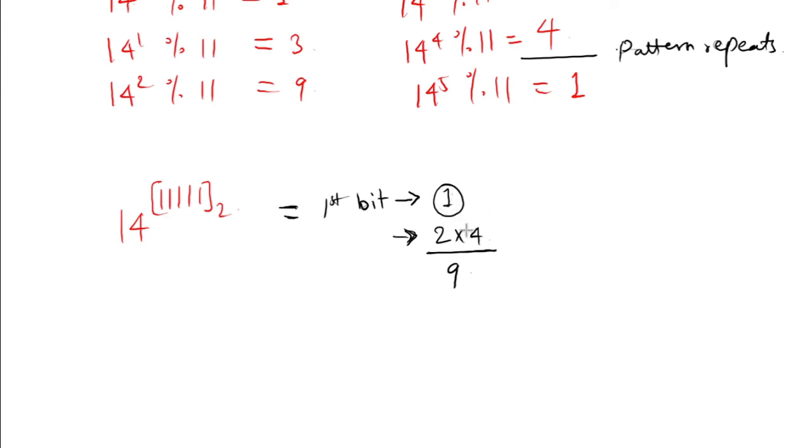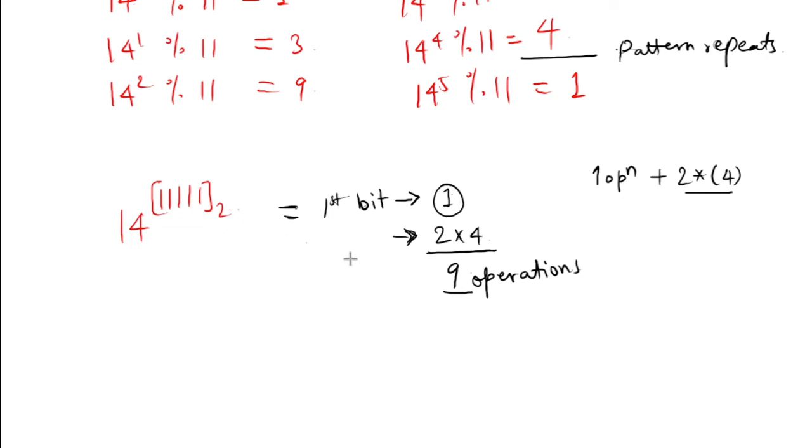Here 1 time for the first bit and 8 times for the remaining 4 bits. 9 operations will be carried, which can be justified from the formula, where only in the first case squaring takes place. So 1 operation will take place, followed by 2 times t minus 1, which here t is 5, 5 minus 1, 4, 8 operations. So these are the operations required.